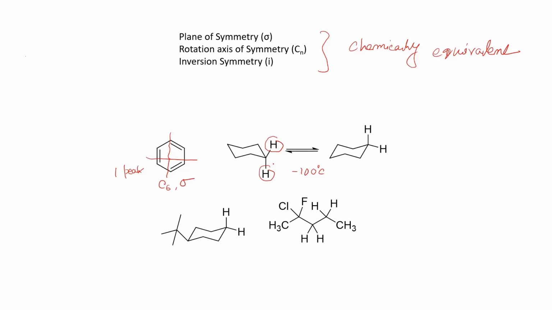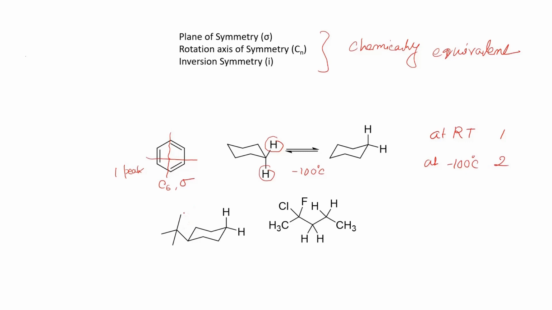So at very low temperature, when the conformation is basically frozen, this type of interconversion is not possible, and that time we will show two peaks. But at room temperature, this interconversion is very rapid, so we get an average peak in between the two. So at room temperature we get only one peak, but at -100 degrees centigrade we get two peaks because of the locking of the conformation.